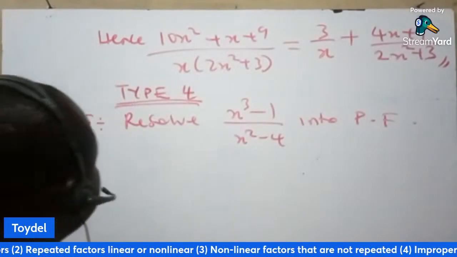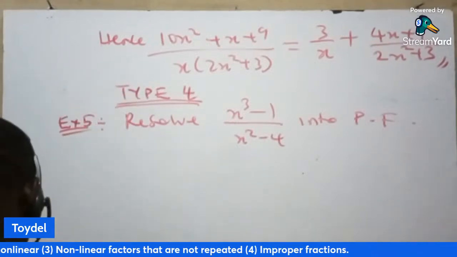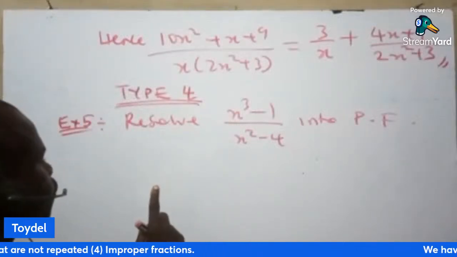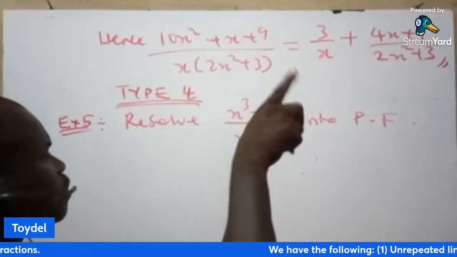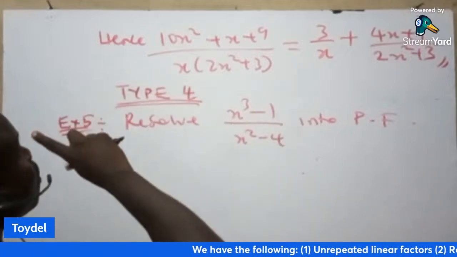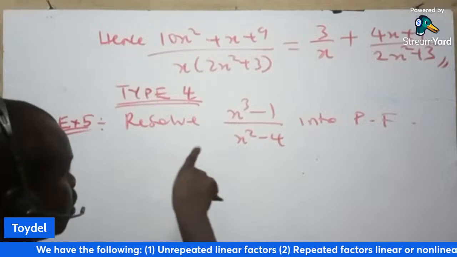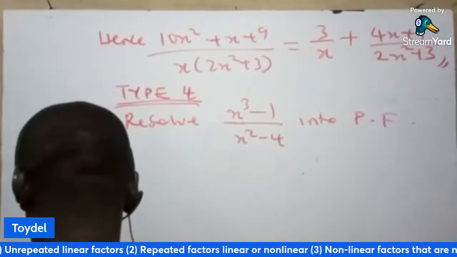So when we have partial fractions that involve improper fractions, how do we resolve this? We cannot do this directly. What we are expected to do is to first divide using the long division method. When we consider polynomials, under division of polynomials, that knowledge is required here. So what am I expected to do here? This is what I will do.